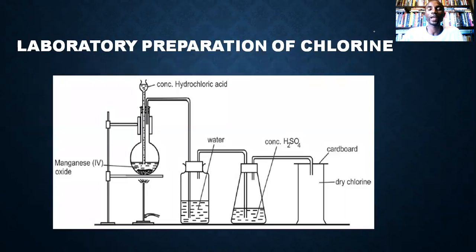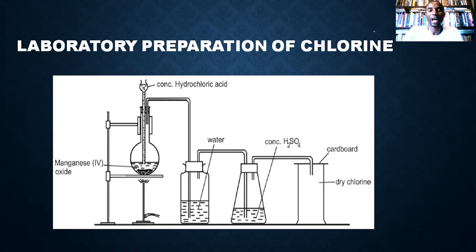All right, we can prepare chlorine in the laboratory with this particular setup you can see on your screen. You can see it being clamped, with the setup well set up: the manganese oxide, conc. hydrochloric acid, water, conc. H2SO4, cardboard, and the dry chlorine.